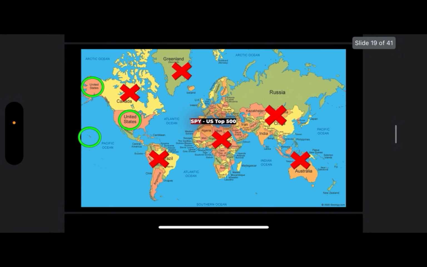The US makes up 60 to 70% of market capitalization for the whole world, so basically the majority of the market is derived from the US. SPY is able to portray the US market condition, and VXUS covers everything besides the US. With those combined, we're able to know the world market condition.